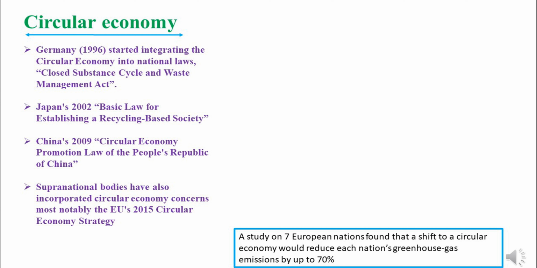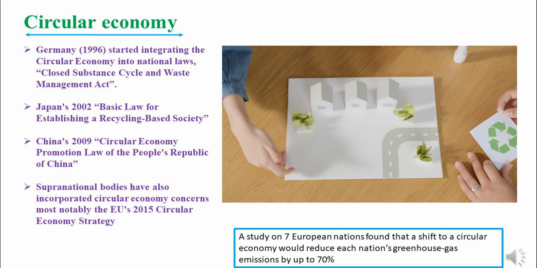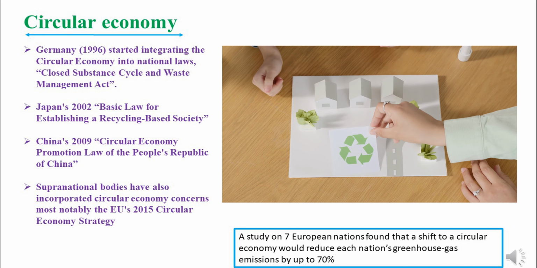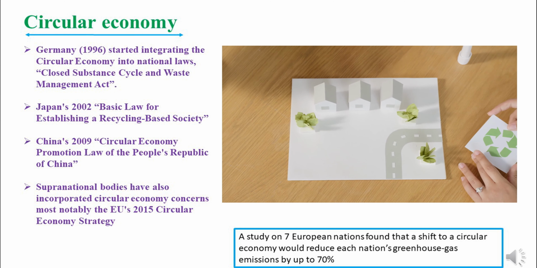And then unions like European Union started it in 2015, circular economy strategy. So circular economy has been there in the world since long, and different countries at different time spans have started formulating the strategies, the policies for circular economy to be phased on.